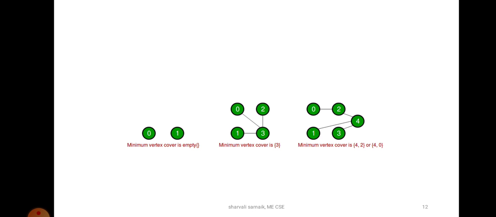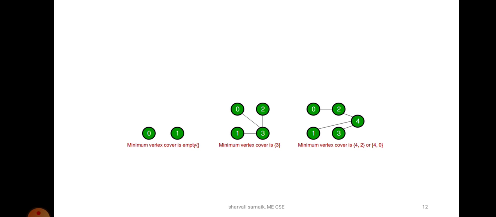Here in this example, the first minimum vertex cover is empty because there is no edge, so 0 and 1 are not connected with each other. Hence we mark the minimum vertex cover as empty, 0. In the next graph, the medium graph, there are a total of 4 vertices, but only 3 vertices are connected to each other. Like there are 4 nodes 0, 1, 2 and 3, but there are a total of 3 in the cover.